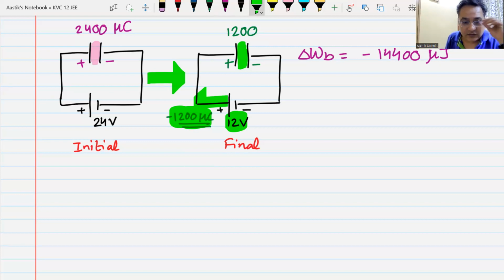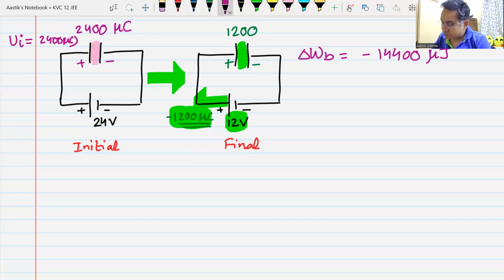Now let us find out the energy. How much is the initial energy? You can write this initial energy, UI. It will be 2400 microcoulomb square divided by 2 into 100 microfarad, Q square by 2C.